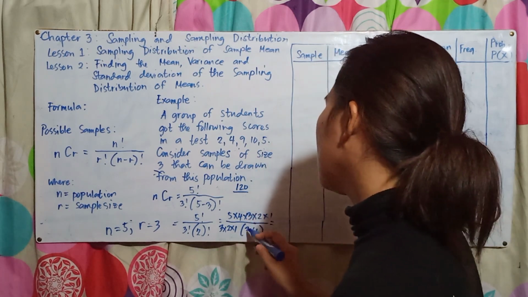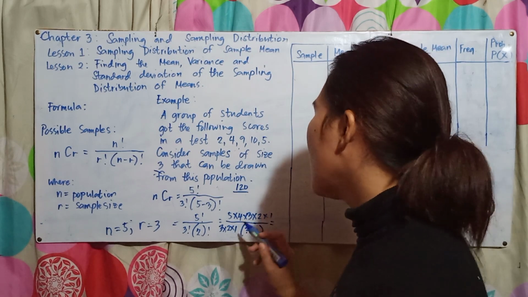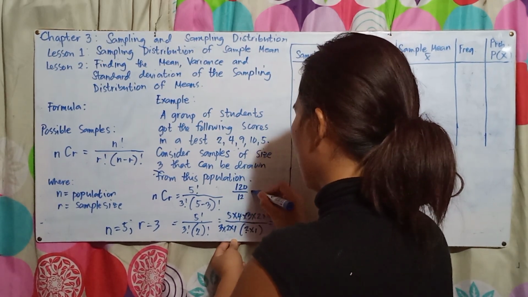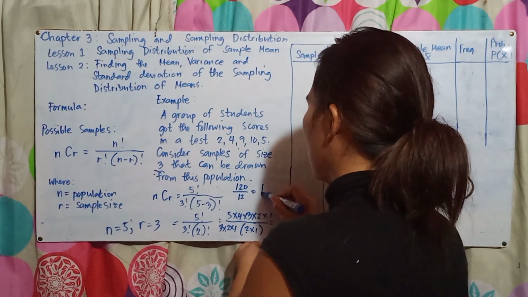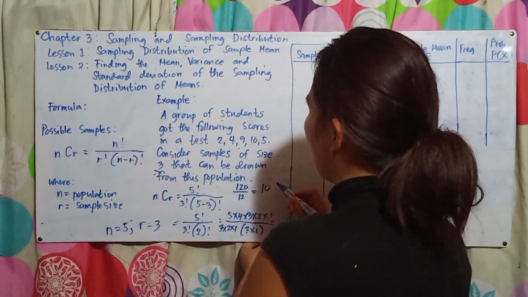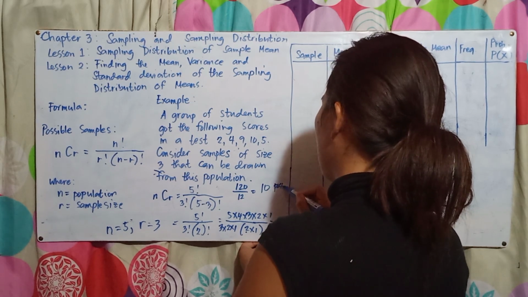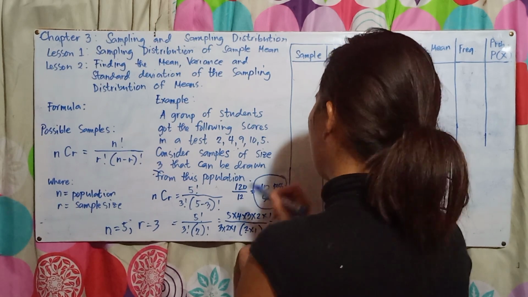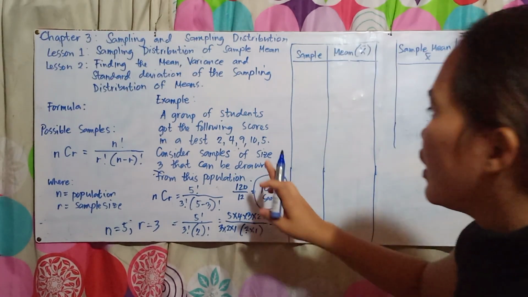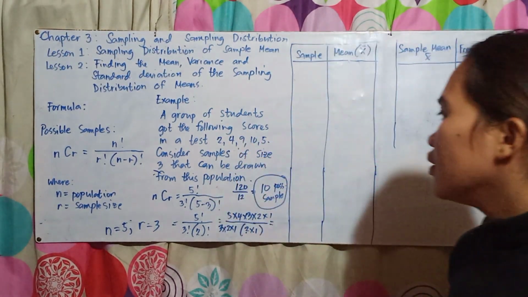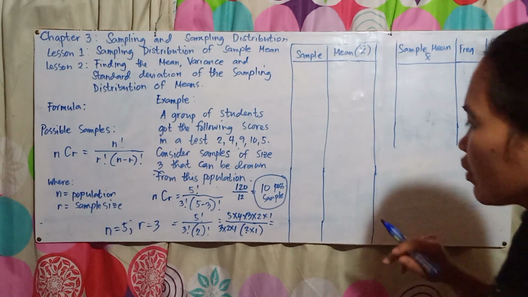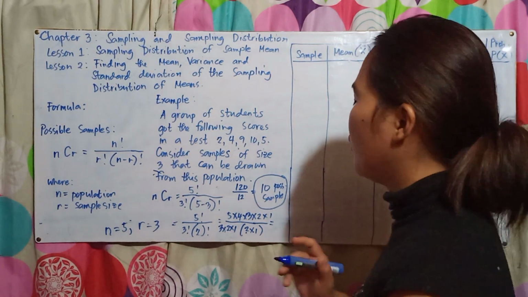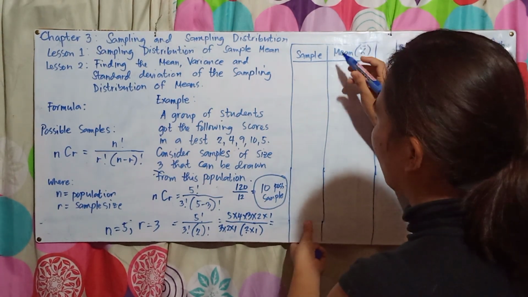Then 6 times 2 is 12. So, 120 divided by 12 is 10 possible samples. So when we combine 2, 4, 9, 10, and 5 in groups of three, we can form 10 possible samples. Now let's list them.